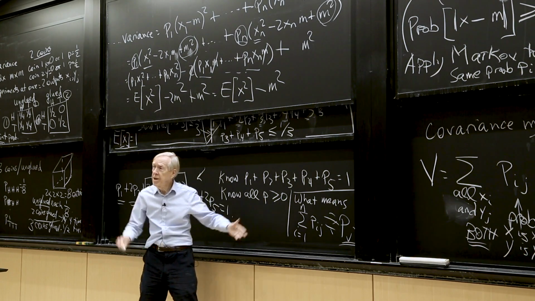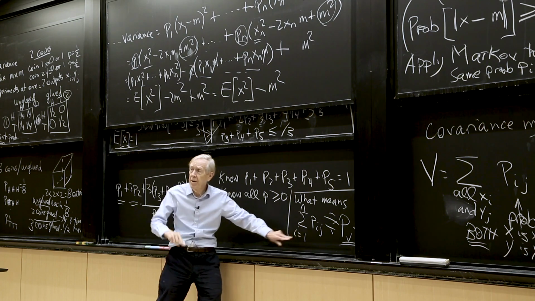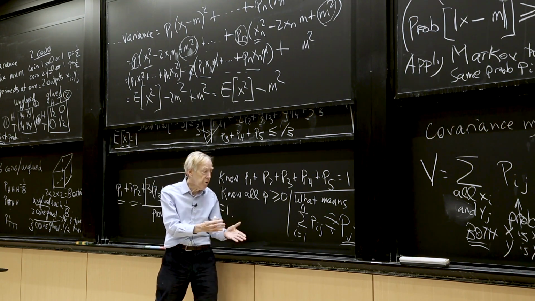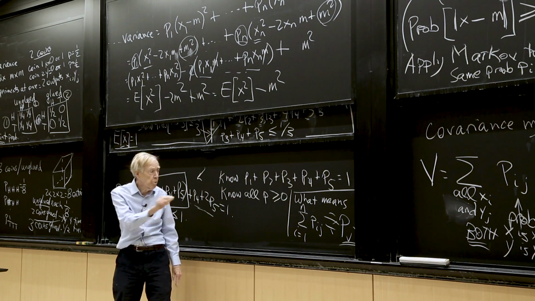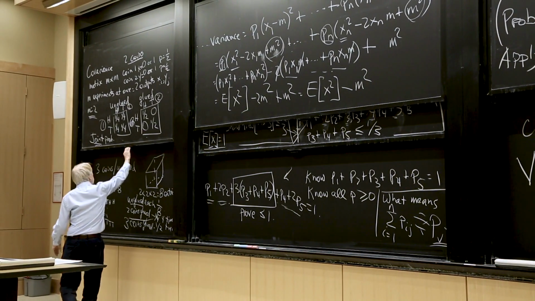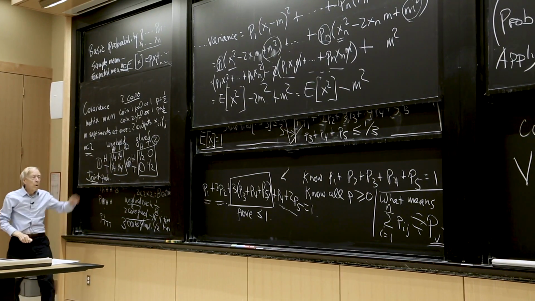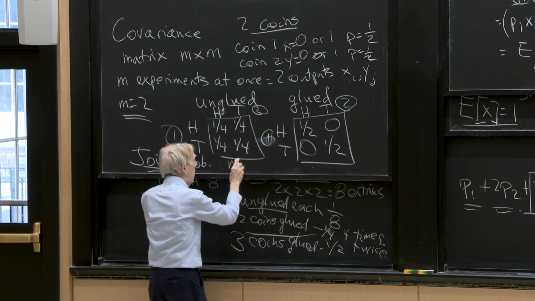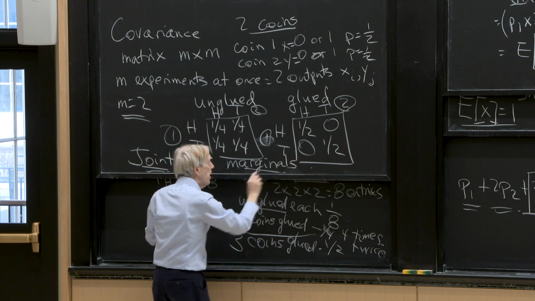That's the probability of seeing j in the second one, because I had to see something. If I see j in the second one, I'm allowed to see anything in the first one, but I'm adding those all up, so that's the point. Those would be called the marginals. In my matrices, I would be adding up along a row or down a column. Those are called the marginals of the joint probabilities.